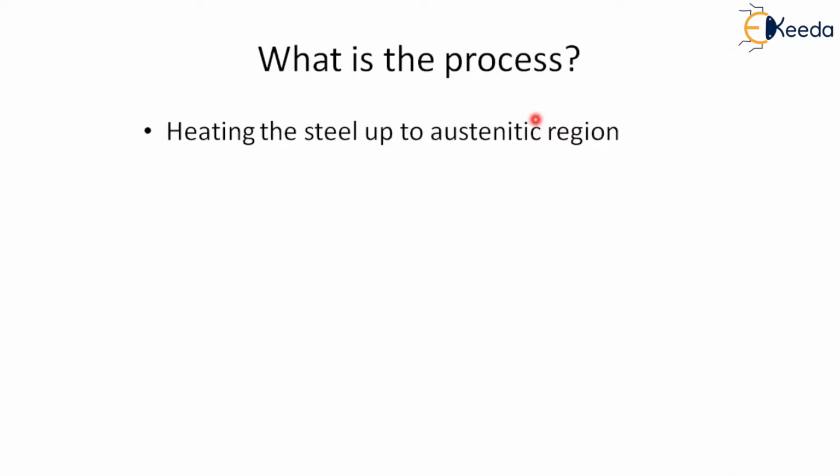If it does not reach its austenitic region, we cannot do anything. We cannot modify its martensitic structure or whatever microstructural changes it has. So the material must reach its austenitic region, and only then can we do some modifications.